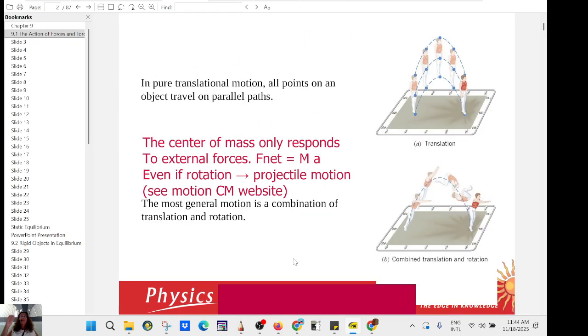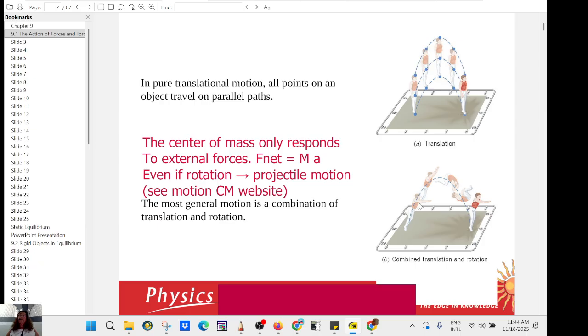Rotational equilibrium is also very important for civil engineering. In that case, for example, this is a translation motion. And here you can have a complex motion where you have translation and rotation. Interestingly, the center of mass only responds to external forces.